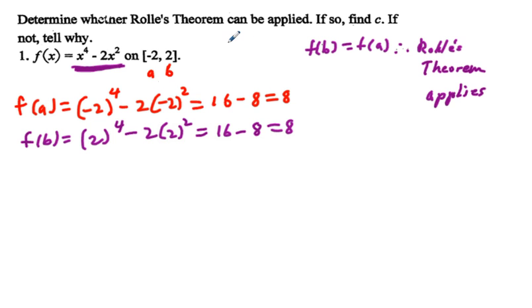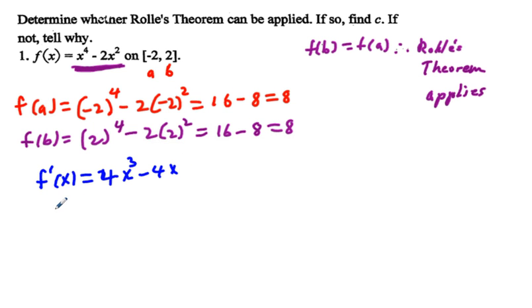We're going to take the derivative. f prime of x is going to be equal to 4x cubed minus 4x.